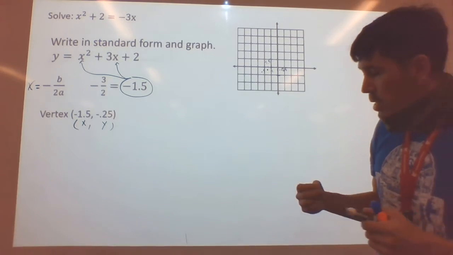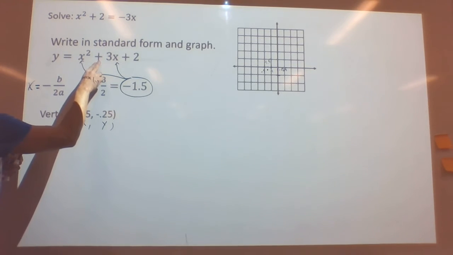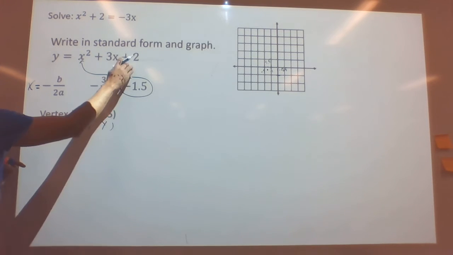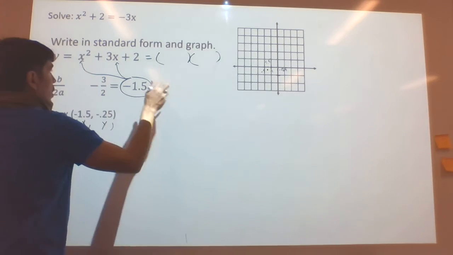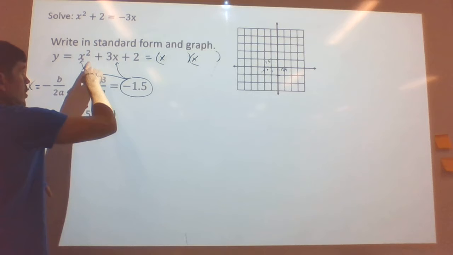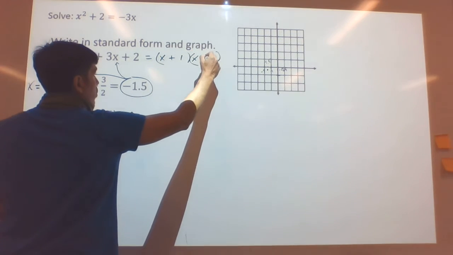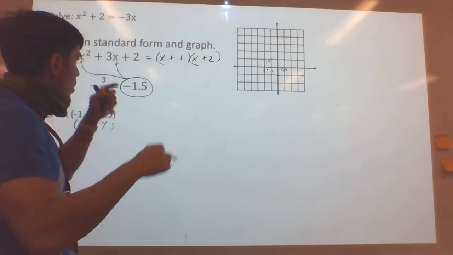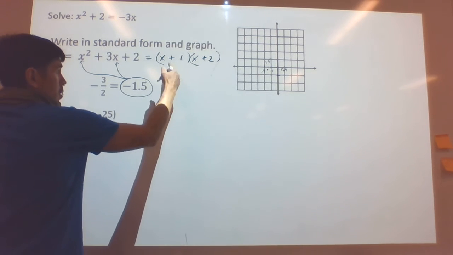What we can do here is factor to find my x-intercepts. So that's what I'm going to do right now. I'm going to factor this. Again, this is factoring, and if you need some review on factoring, make sure you watch the other videos.